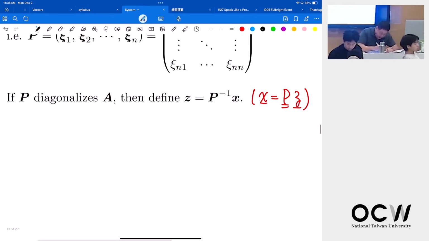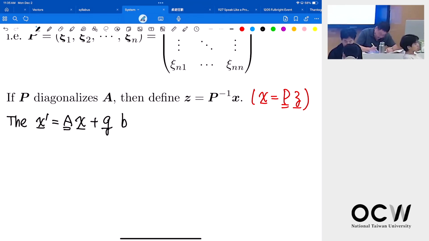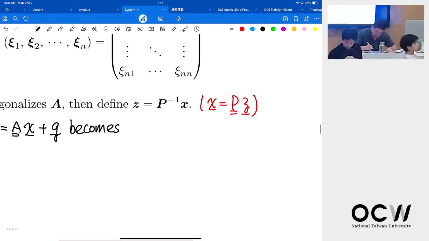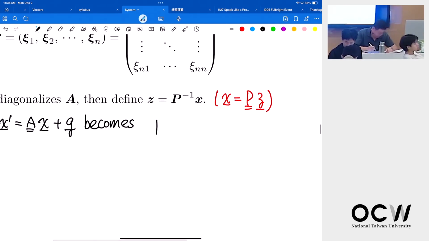The original non-homogeneous differential equation, x prime equals A x plus g, becomes P z prime equals A P z plus g.